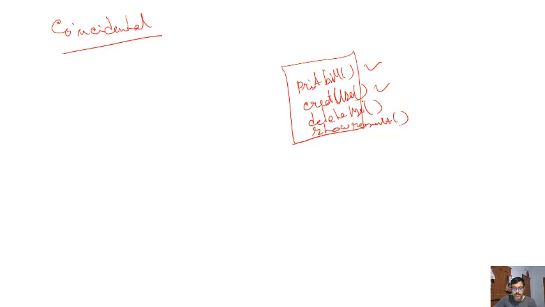Sometimes it prints the bill, sometimes it creates the user, sometimes it deletes the user, sometimes it shows the result. It is likely that the functions have been placed in the module out of pure coincidence, rather than through some thought of design. By chance they came to be here.